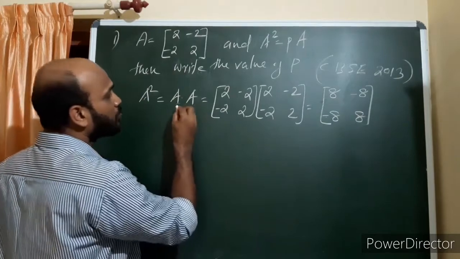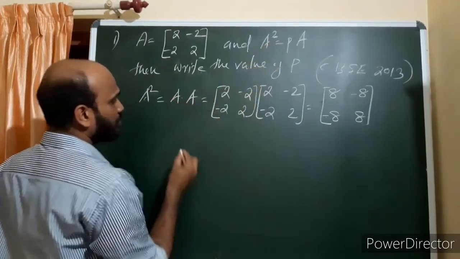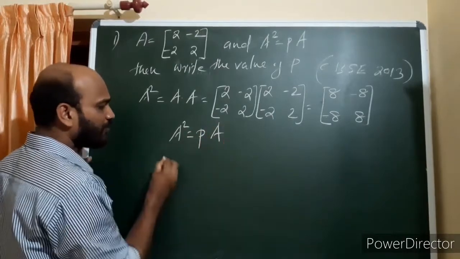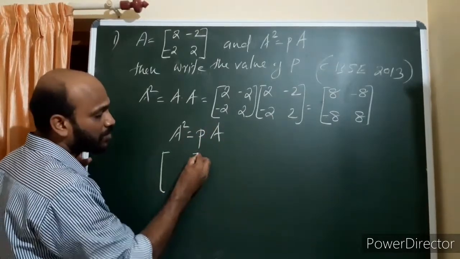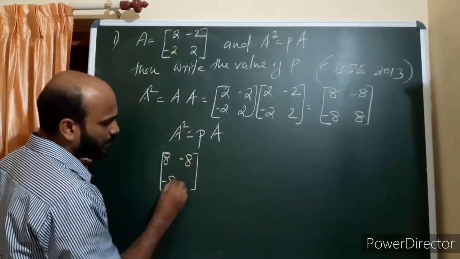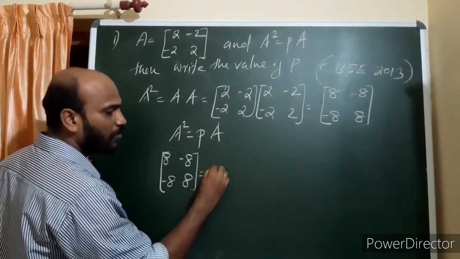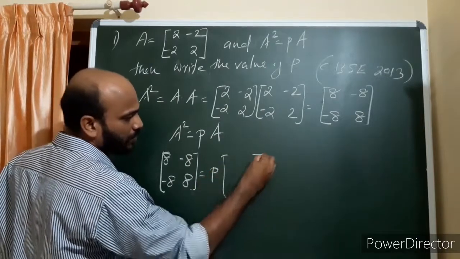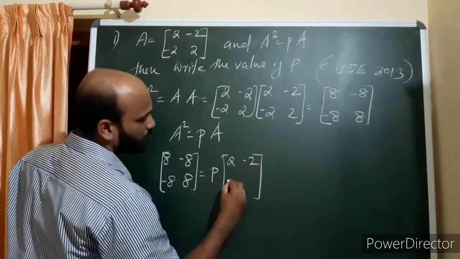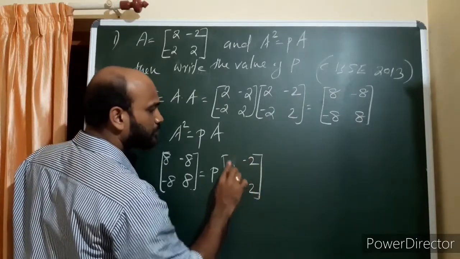And now we can substitute this A square in the equation. A square is equal to P into A. On the left hand side we substitute that value, so the left hand side will be [8, -8; -8, 8] equal to P into A, where A is [2, -2; -2, 2].